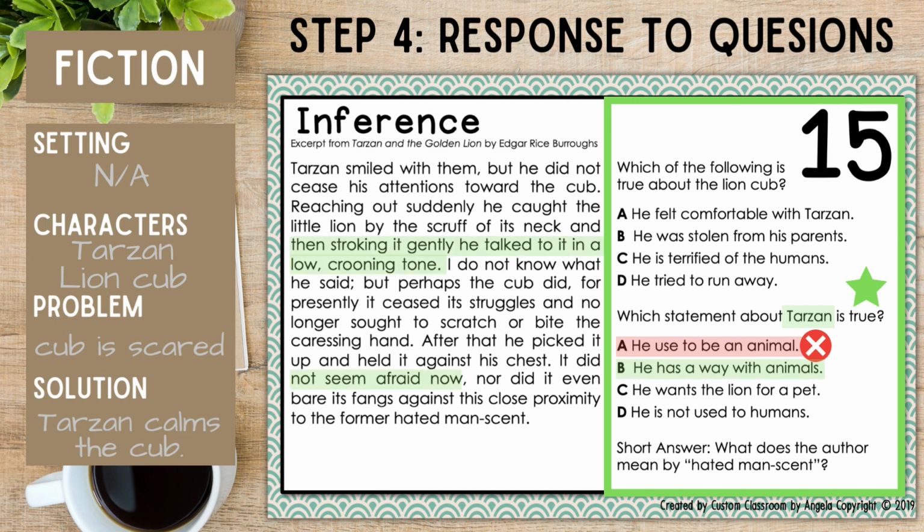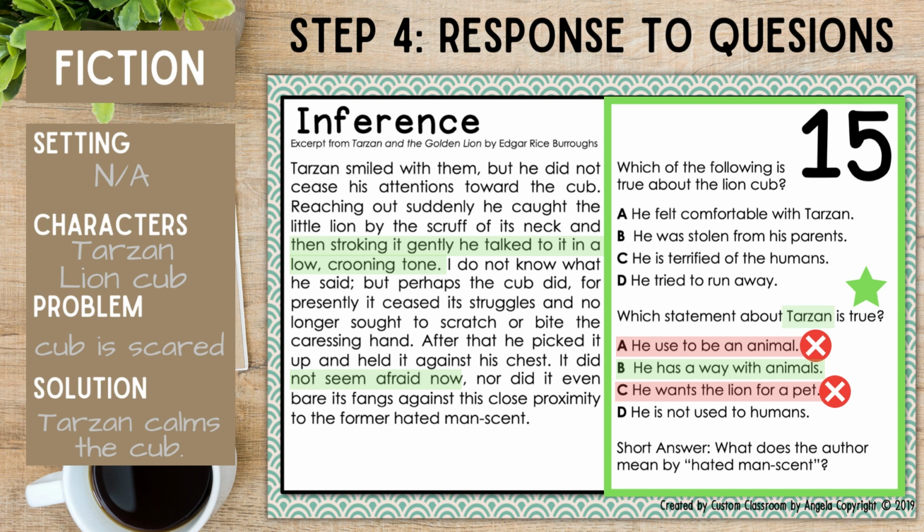This sounds pretty good, so let's look for clues. In the passage, Tarzan is stroking the lion gently, and he talks to it in a low cooing tone, and this leads to the lion not seeming to be afraid anymore. So these details all seem to lead us to the conclusion that Tarzan is good with animals. C, he wants the lion for a pet.